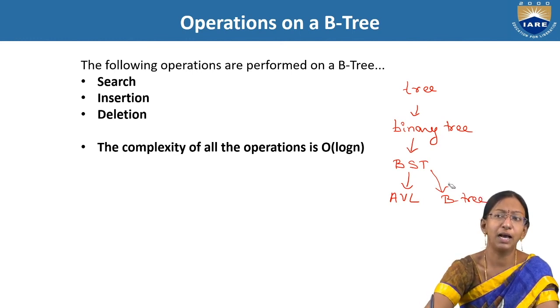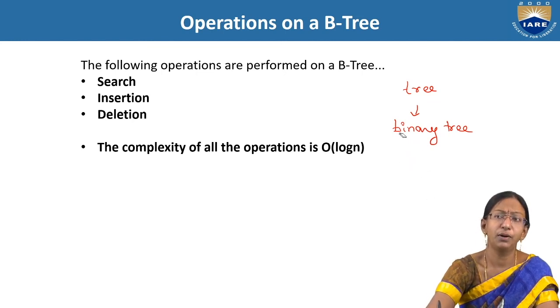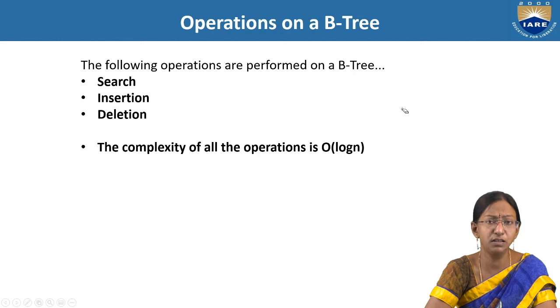So this is a small hierarchy which I have defined. If you remember from which tree the new tree comes into the picture, it will be quite easy for you to remember.